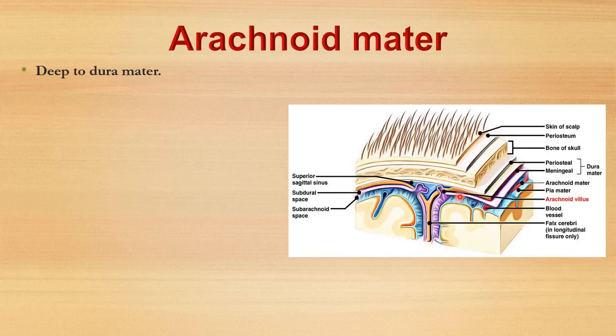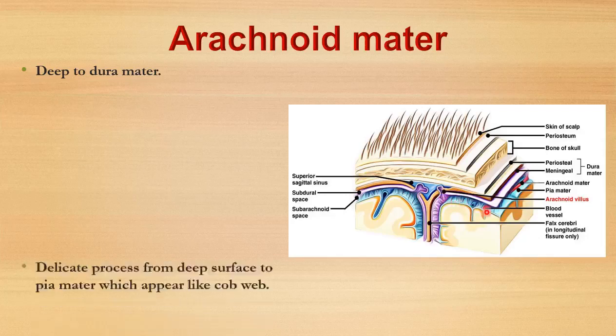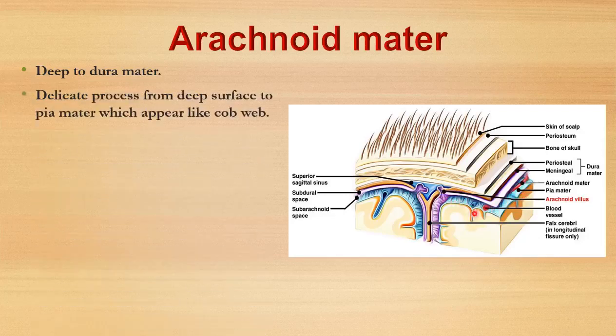From the deeper surface of the arachnoid mater, you can see some trabeculated tissue which is running in the subarachnoid space and attaching to the pia mater. Because of this trabeculated appearance, which looks like a cobweb, it is named the arachnoid mater, from Arachnida, the spider phylum.